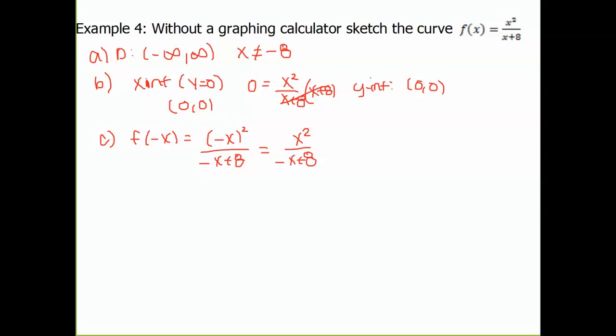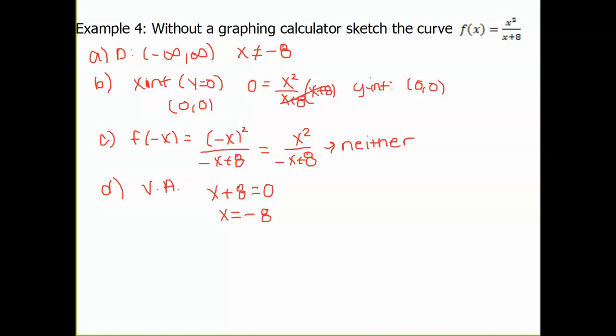It's not simplified back to the original. So this is not even or odd. It is neither. Vertical asymptotes come from the denominator equaling 0. So I have a vertical asymptote at -8.